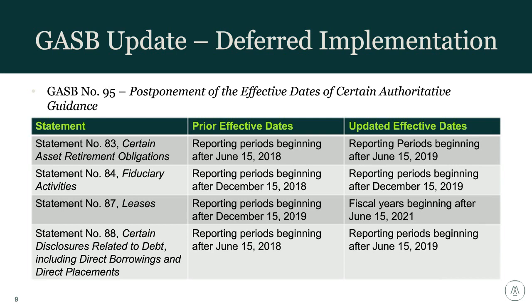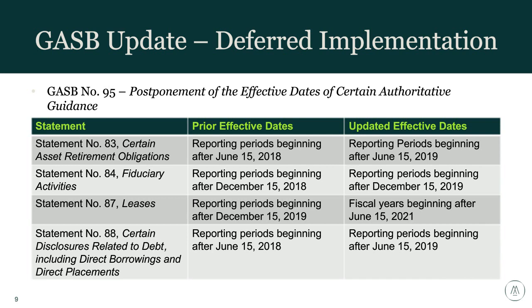Statement 91, related to conduit debt obligations, provides basically a single method of reporting for conduit debt. Statement 92 is just a variety of topics that are all thrown into one standard to improve consistency.